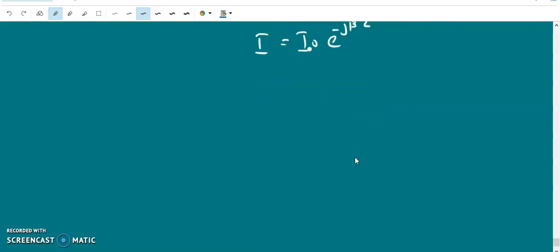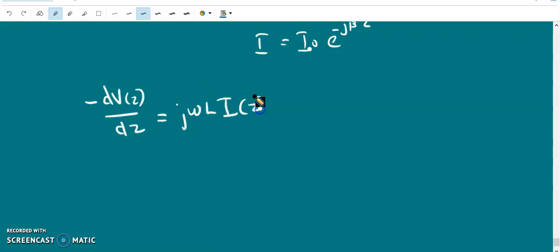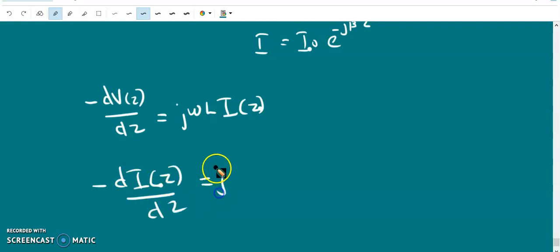And we also found the transmission line equations, which are given by minus dV of z by dz equal to j omega L I of z, where L is the inductance per unit length, and the second transmission line equation is minus dI of z by dz equal to j omega C V of z.